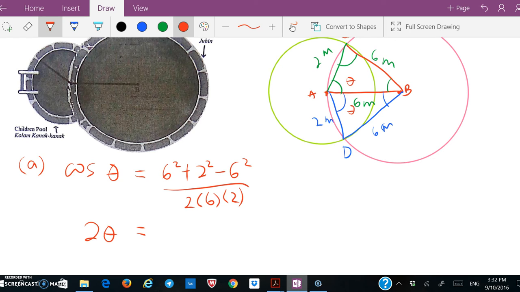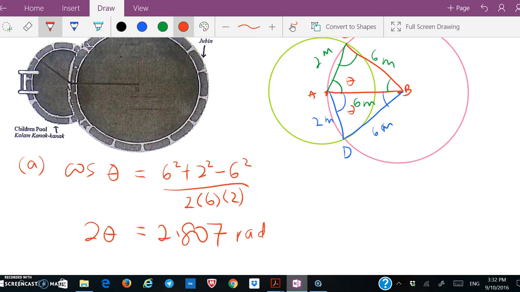So in this case, I'm going to change my calculator into radian. Then shift cos, bracket 4 over 24. Then I will double it, times 2. So I will get the minor angle for the children's pool, which should be 2.807 radian.